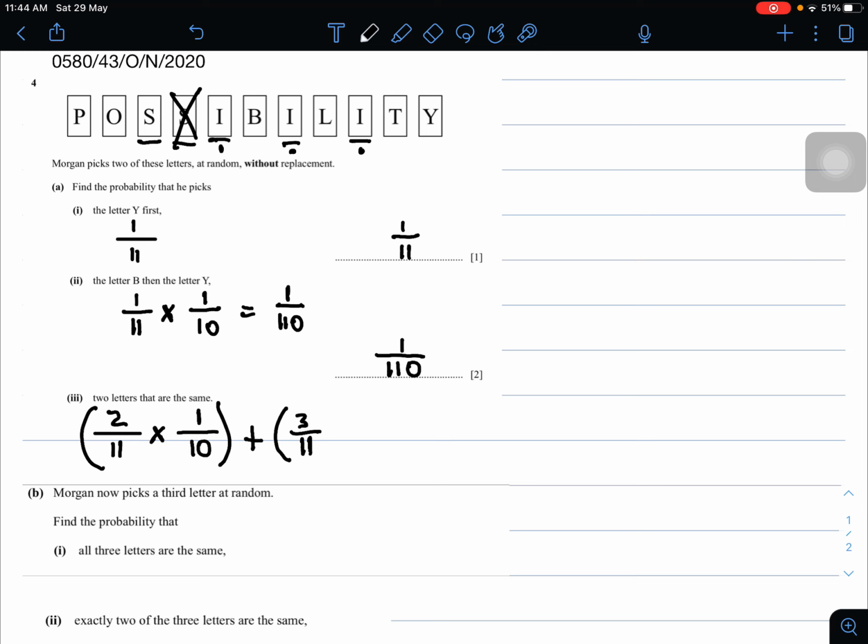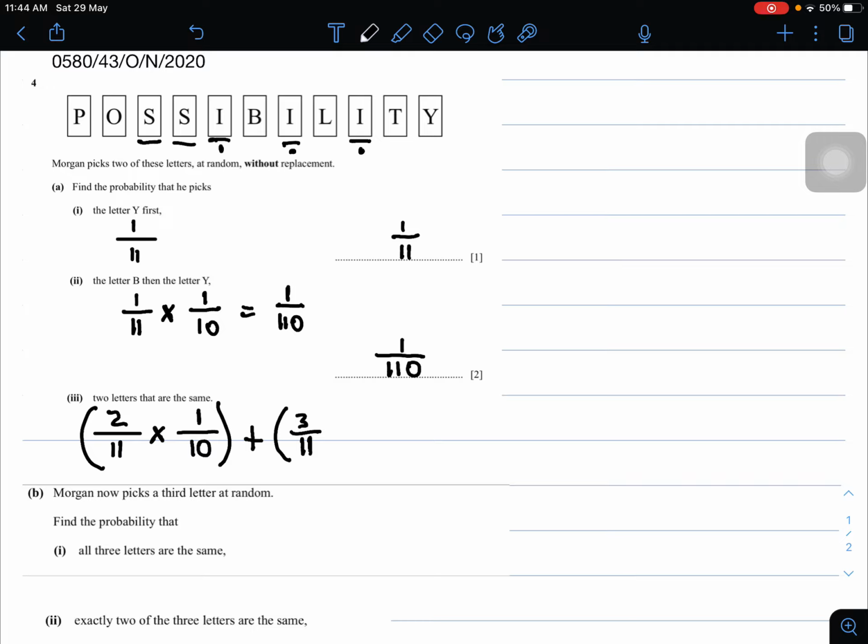Again there are 11 letters, not 9 letters, as the two S's are not in the sequence, because this is a different scenario. Therefore there is either or. This is a different scenario, that's why you have to start all over again, with 11 letters.